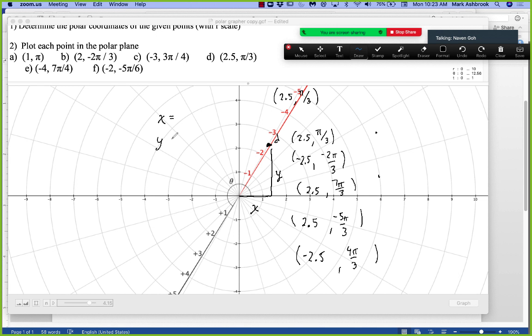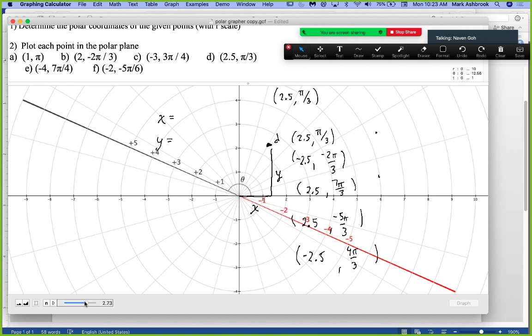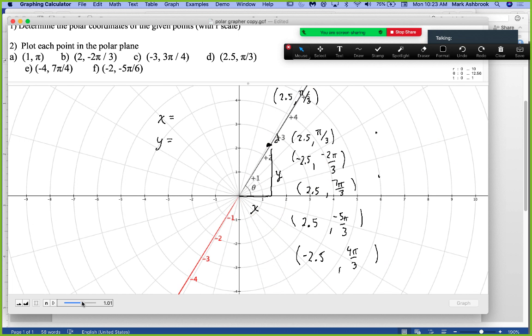Would x be the 2.5 that we chose, but then y is the sine of the angle that brought us to that point? Not quite. Would it be the radius times cosine of the angle for x and the radius times the sine of the angle for y? There you go. So you remember your trig.